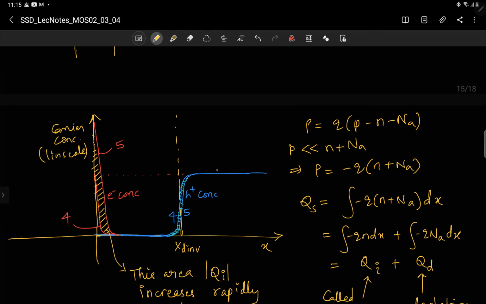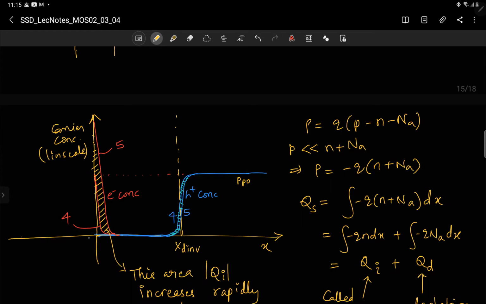So this entire region is depleted of p, and then curve 4 slowly goes up and matches with the value pp0. We have seen this earlier. If you increase the voltage further, this gets shifted slightly towards the right. So you will see curve 5 for the hole concentration.